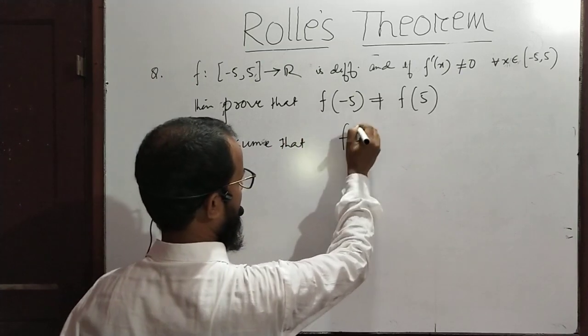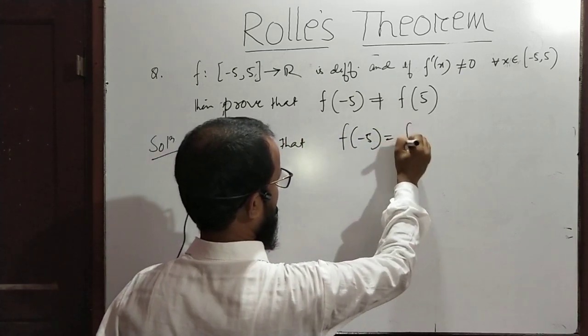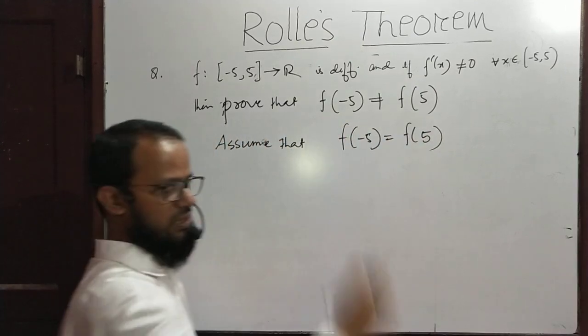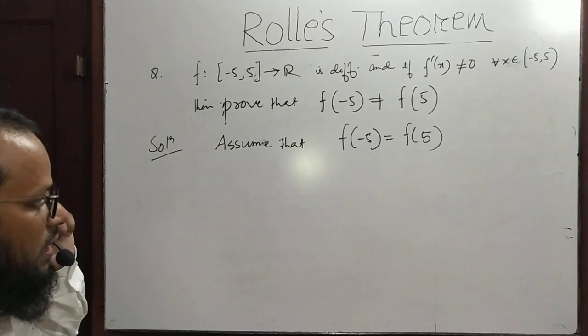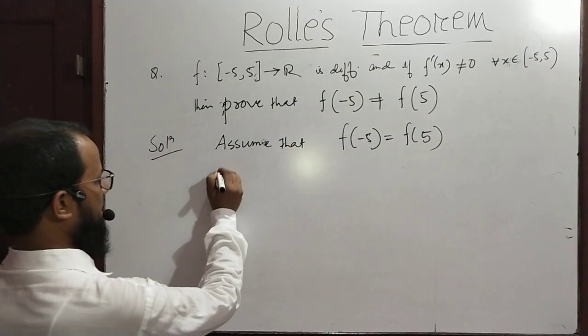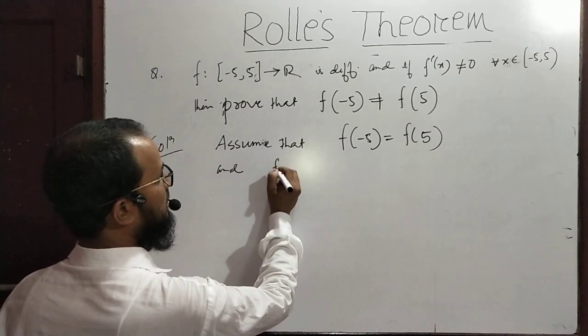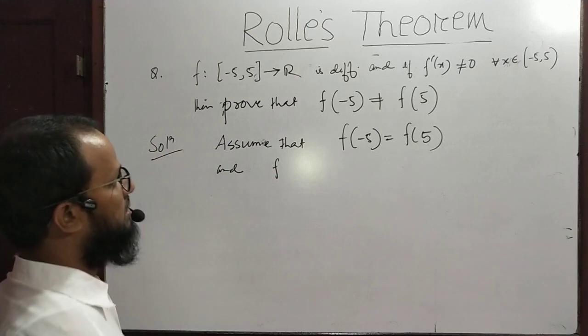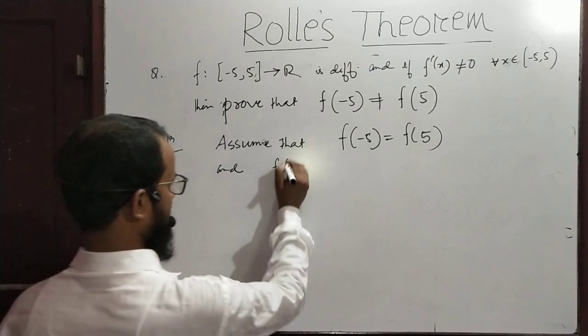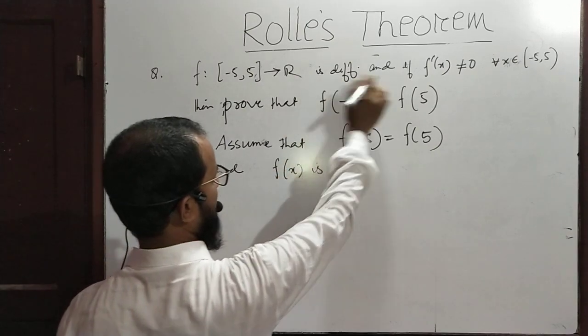Assume that f of minus 5 equals f of 5. Also, the function f(x) is given to be a differentiable function.